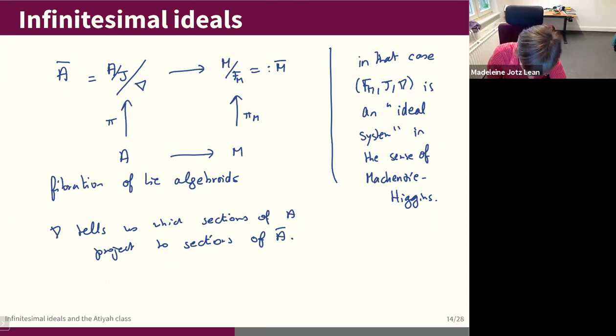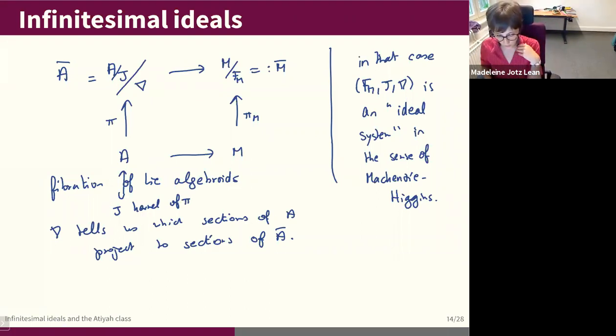Because if I have a fibration like that, then really, sorry, not A, but J is the kernel of the fibration as a morphism of vector bundles. But maybe if we look at the case of algebras and subalgebras, if the subalgebra is the kernel of a morphism of algebras, obviously it's automatically an ideal. But in the case of the algebroid, it's not necessarily the case. It's automatically a subalgebroid, and then you need to look at more structure, which is exactly this structure, the ideal system.